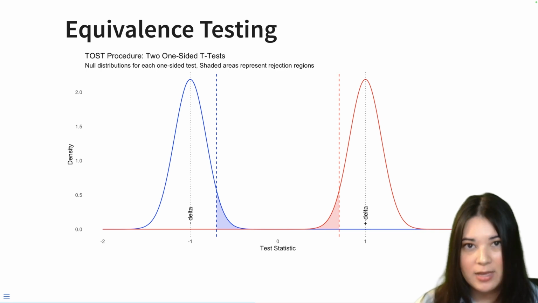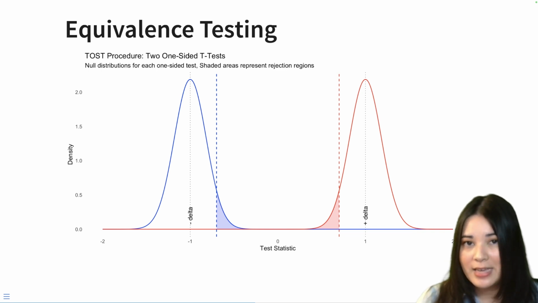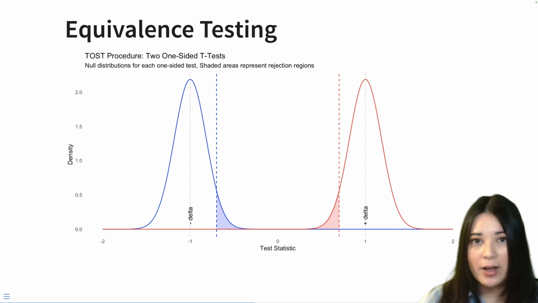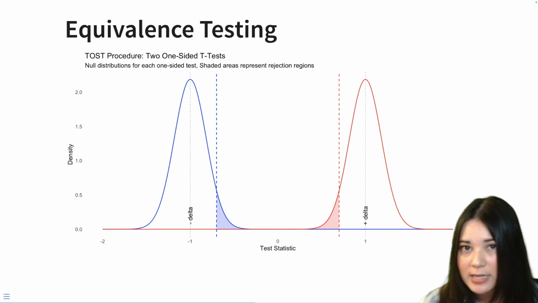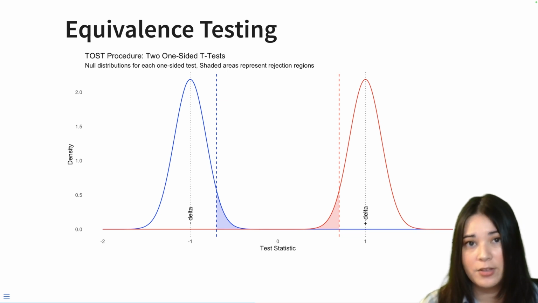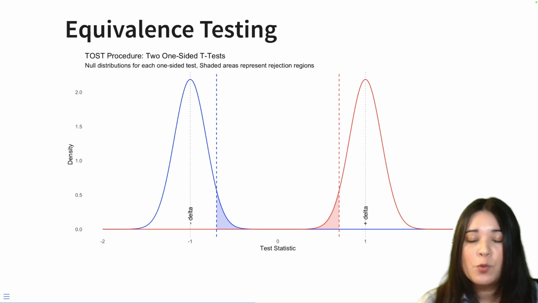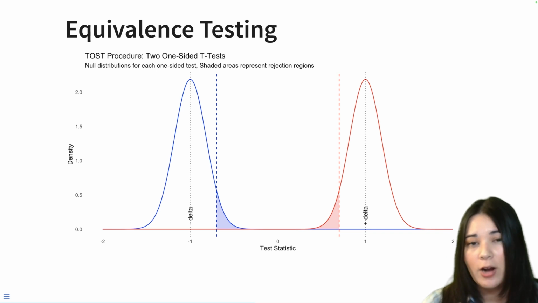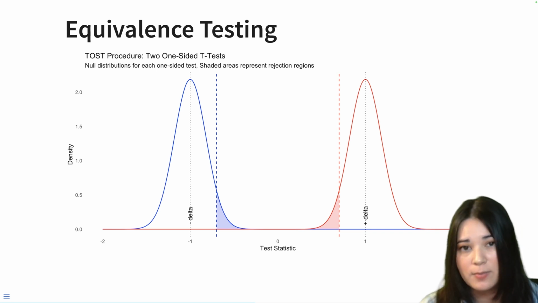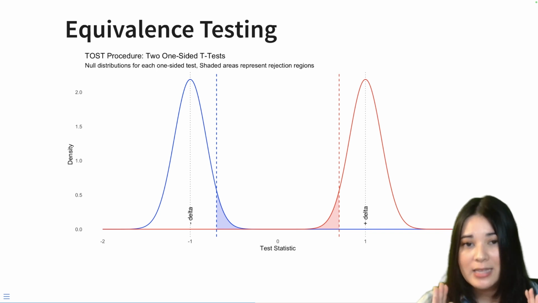And what does that mean? That our effect is likely in that region of values we've determined are practically equivalent to our null value of 0. So by using two one-sided t-tests, we've basically concluded that we have provided evidence that our actual value, the difference in means between these two groups, is in that region that we've determined is practically equivalent to 0.